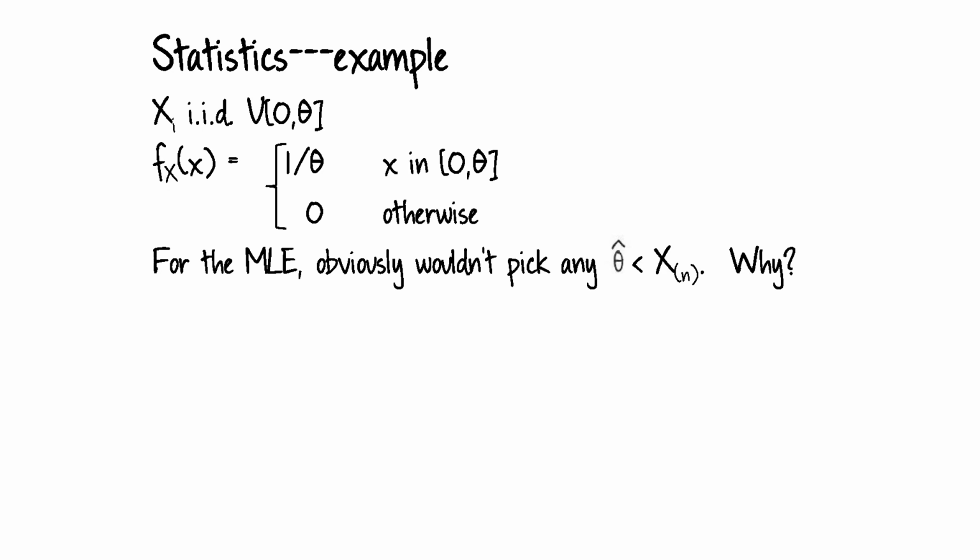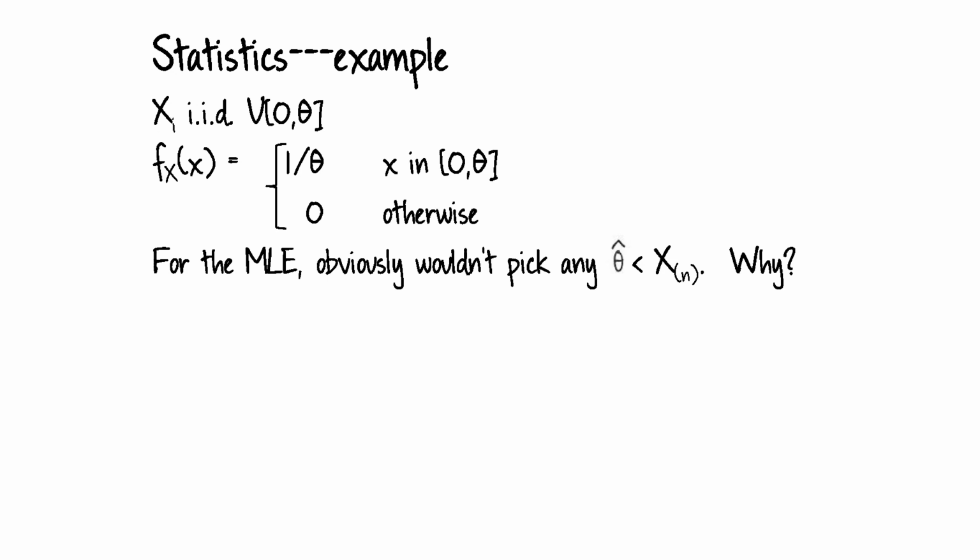So let's think back to the definition of the maximum likelihood estimator, it being the parameter that's most likely to have given rise to the sample that we observed. So I claim here that we obviously would not pick any theta hat less than the nth order statistic. Why is that, given the definition of the maximum likelihood estimator?